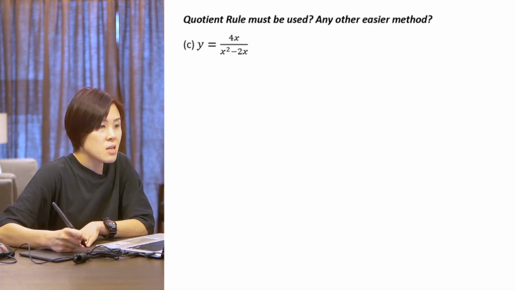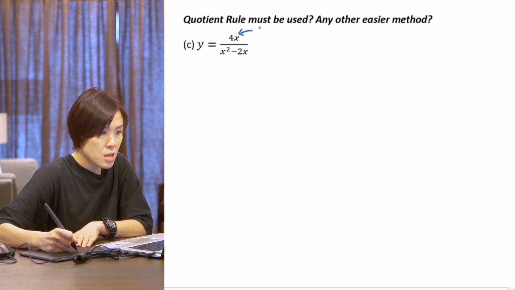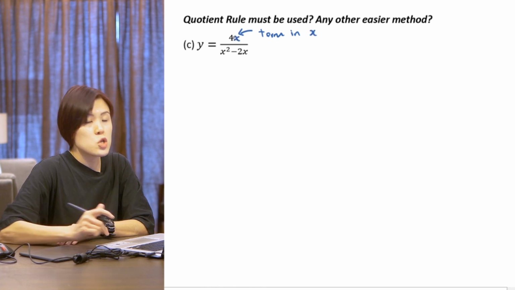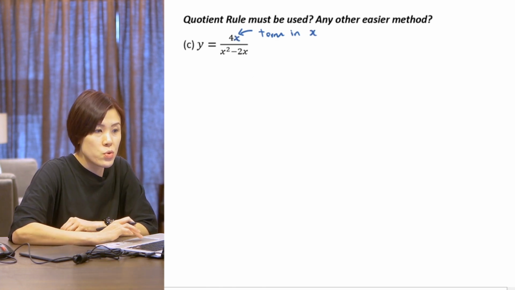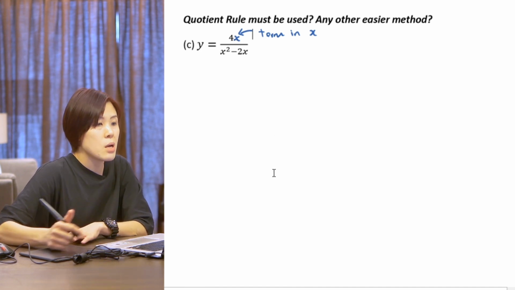We can't because we have a term in x. There's an x here. So we can't use the way that I showed you in the second equation, which is chain rule. So in these situations, quotient rule is the only way.